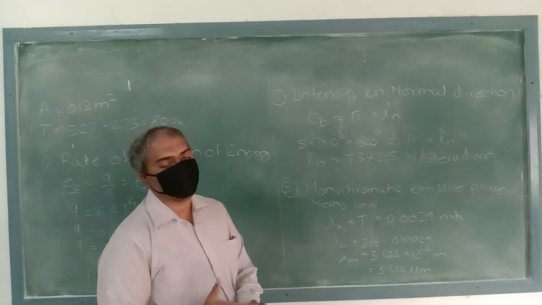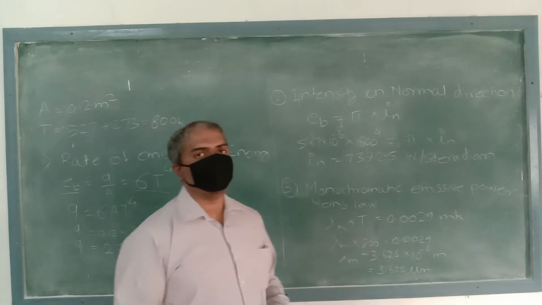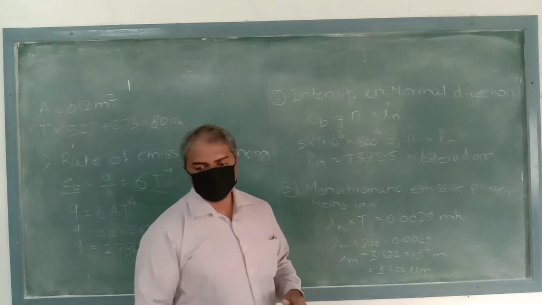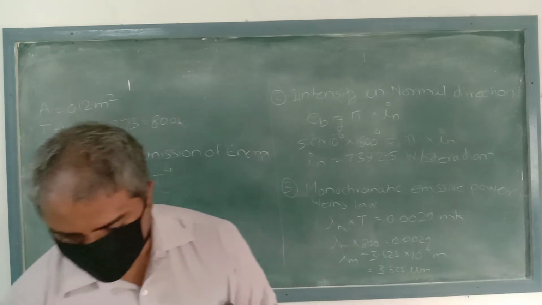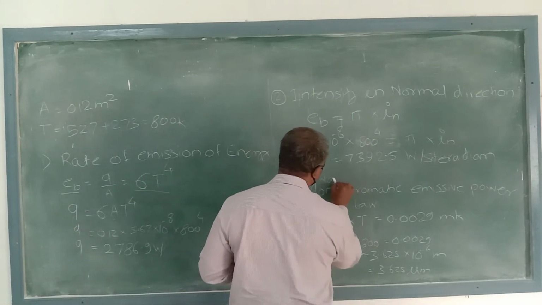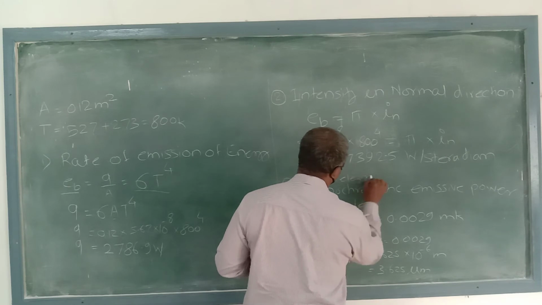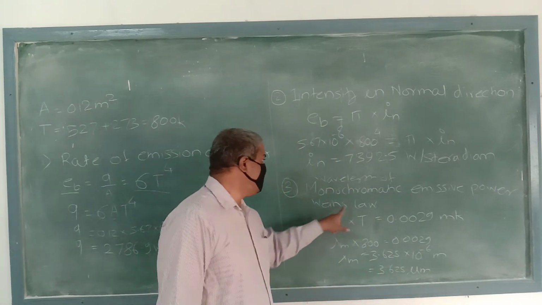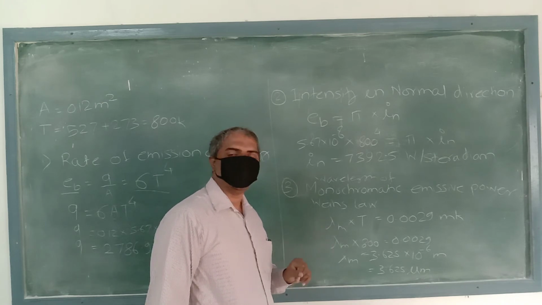Next they are asking for the monochromatic emissive power. So whenever we are going to calculate the maximum wavelength of monochromatic emissive power, we are using Wien's law.